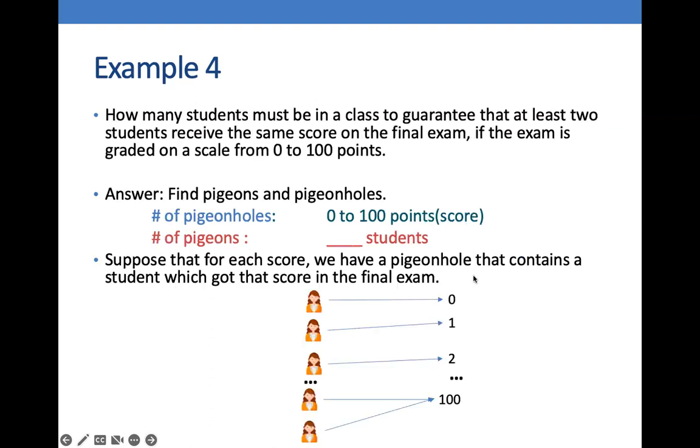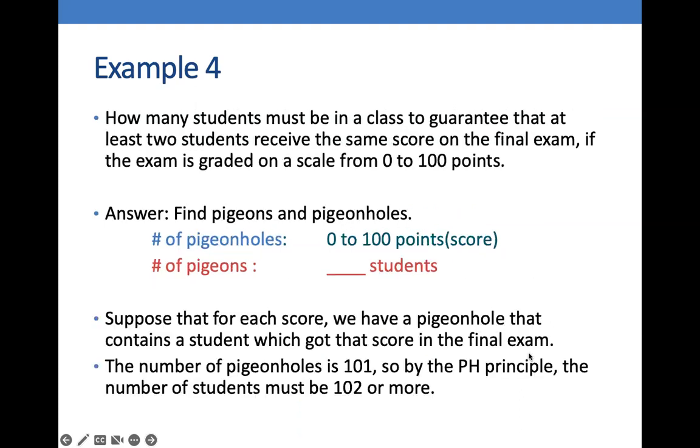So suppose that for each score, we have a pigeonhole that contains a student who got that score in the exam. So we have this student who got a score of 0, this student got a score of 1, etc. And we have the one last student here, the 101st student, who will have the same score as one of the first 100 students that we have.